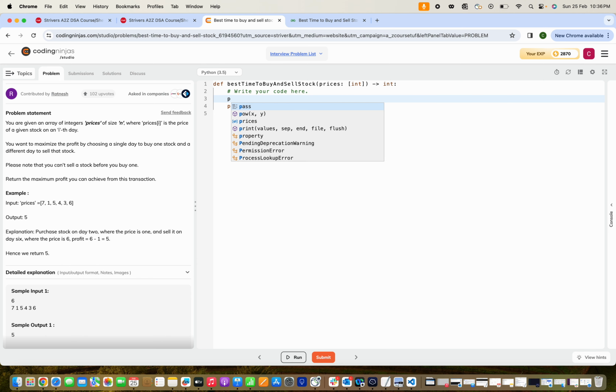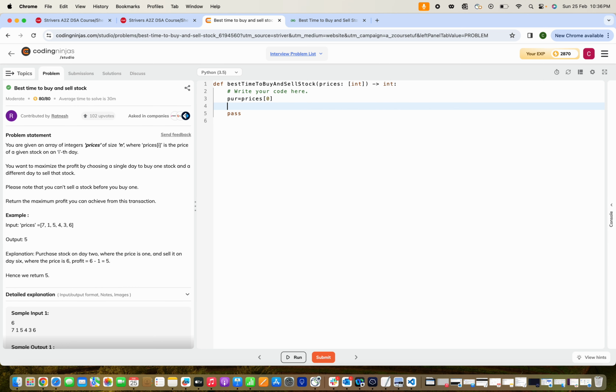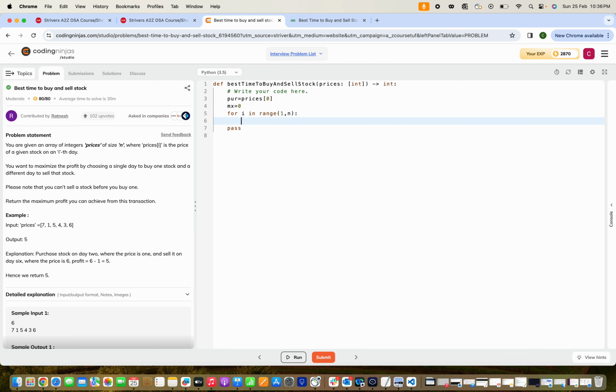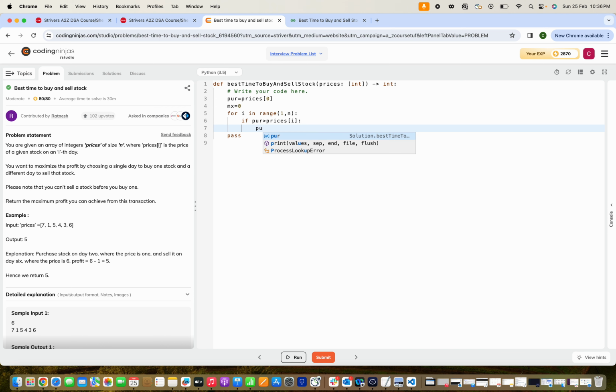Suppose I declare a variable purchase which initially points to prices[0], and I have a maximum profit of 0 initially. I'm going to iterate over elements 1 to n, and every time I'm going to compare: if the purchasing amount is greater than the next value, I am going to purchase it at the smaller value, that is prices[i].